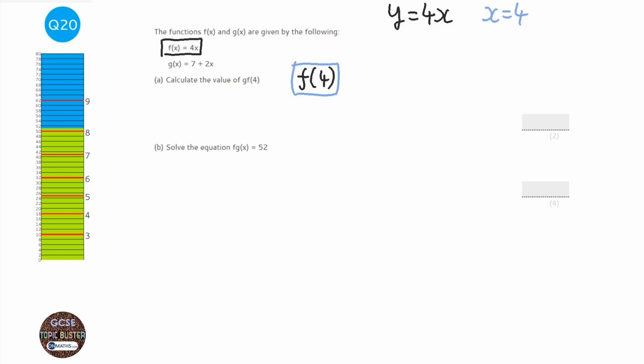It's the same question, it's just a different way of writing it. So all you need to do for f brackets 4 is feed in 4 as x. So that's going to be 4 times 4, which is 16.